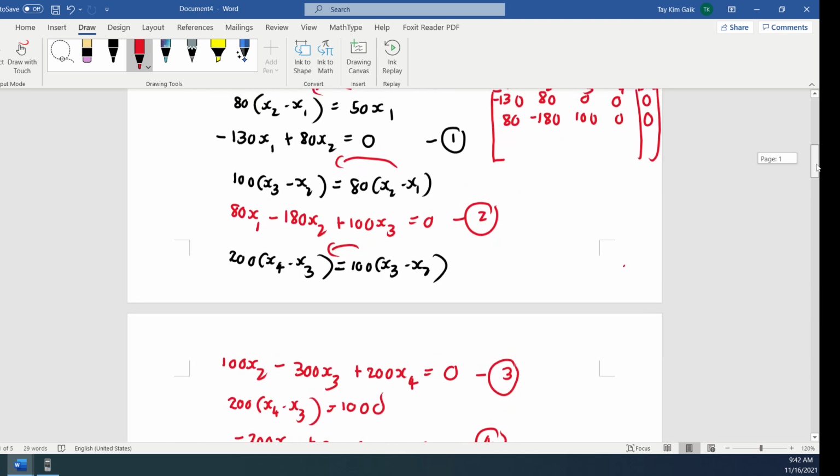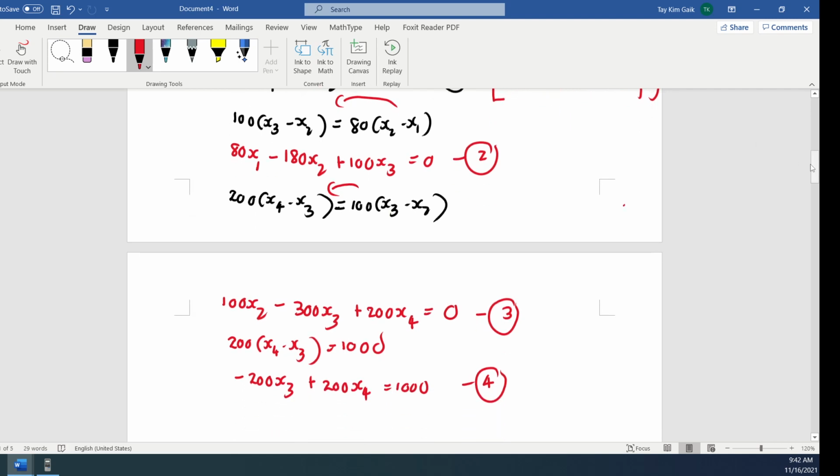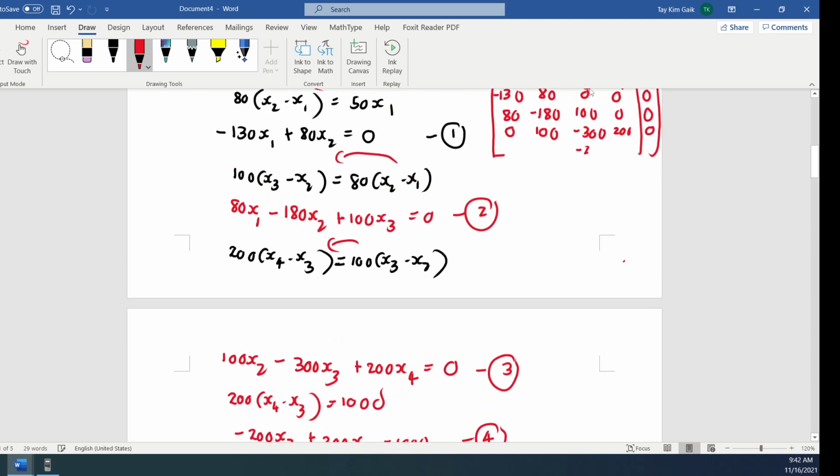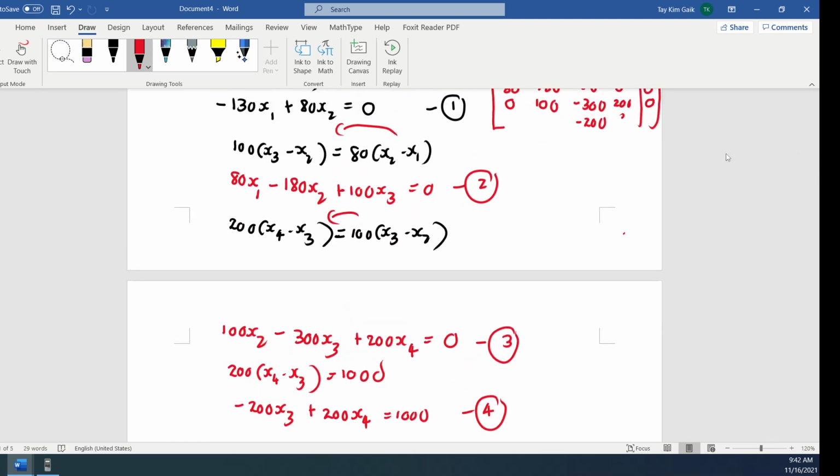The third equation starts from x2, so x1 is 0, x2 coefficient is 100, x3 is negative 300, x4 is 200, right side is 0. Equation 4 starts from x3 negative 200, then x4 is 200, and the right hand side is 1000, with the first two entries 0.